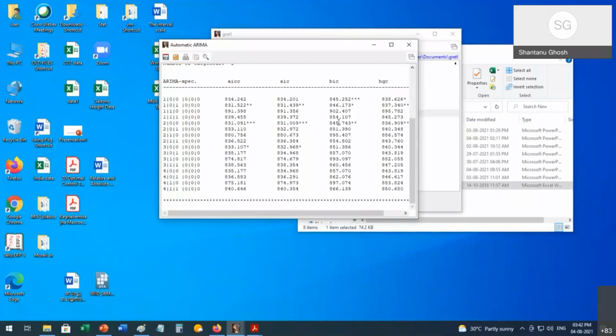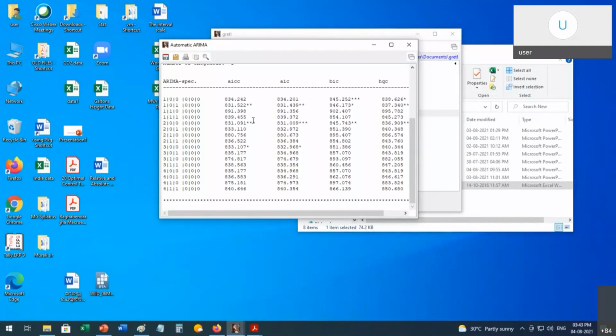Sir, 200 means AR2, MA0, what is the idea? Even though the data is from an ARMA 11 process, it actually ended up as an AR2 process. And remember, the law of parsimony favors both, whether ARMA 11 or AR2, because we have two parameters to estimate.